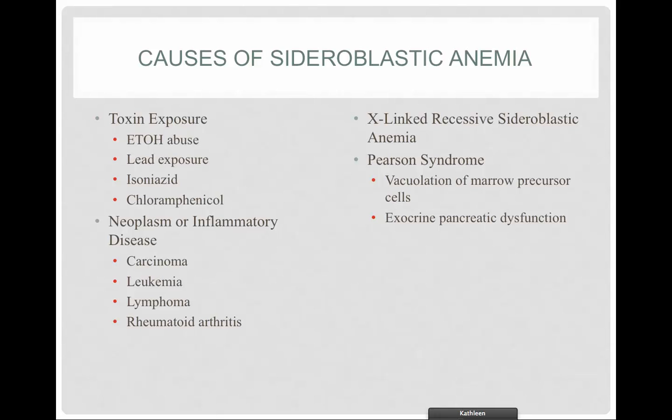It also can be Pearson syndrome, which is a mitochondrial disease characterized by sideroblastic anemia. This is found in infants. Pearson's disorder really is a disorder of infants, but it's an FYI for you to understand. There's also vacuolation of marrow precursor cells; basically, they develop vacuoles in the bone marrow, which are extremely abnormal.